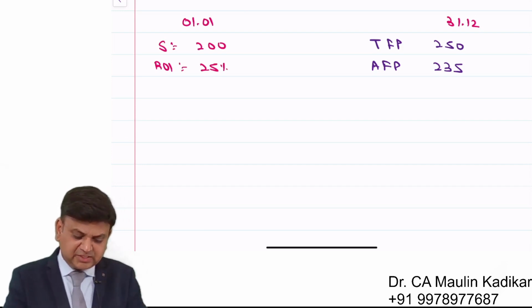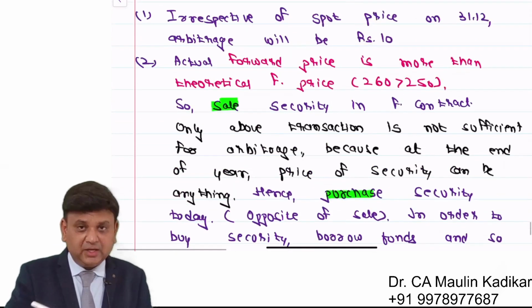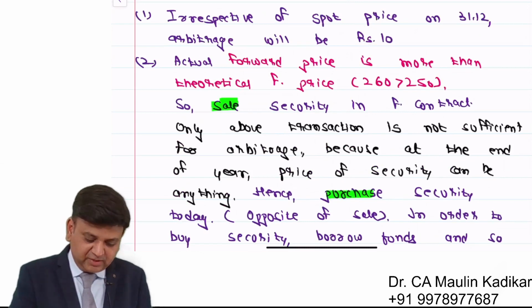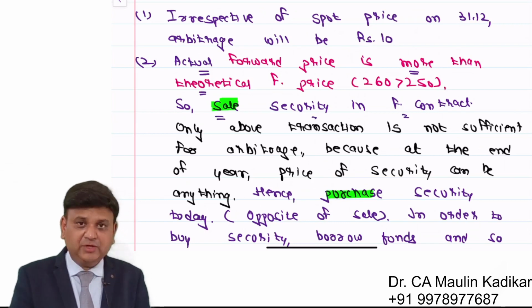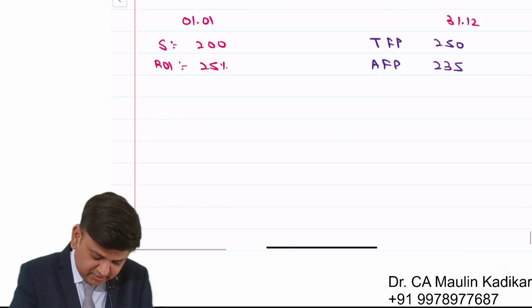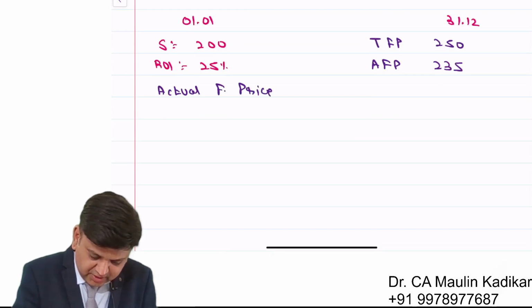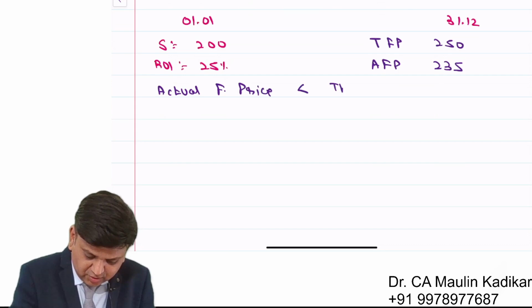See, the first thing we have to see is like this. I am giving reference to the earlier working. Actual F price is more than theoretical F price, so sell security in F contract. However, this time actual F price is less than theoretical F price.